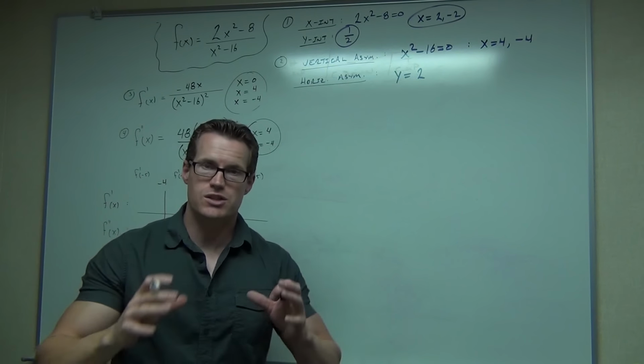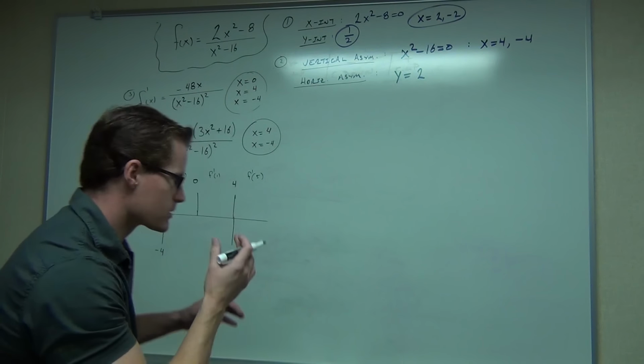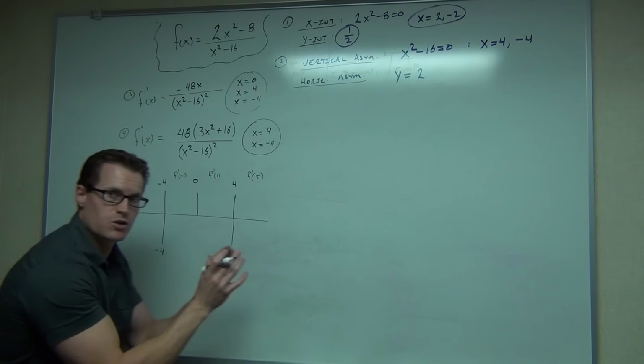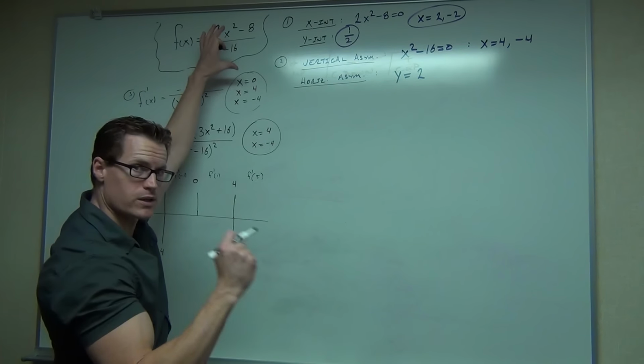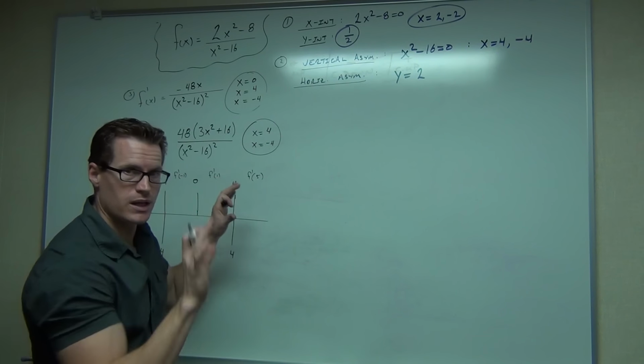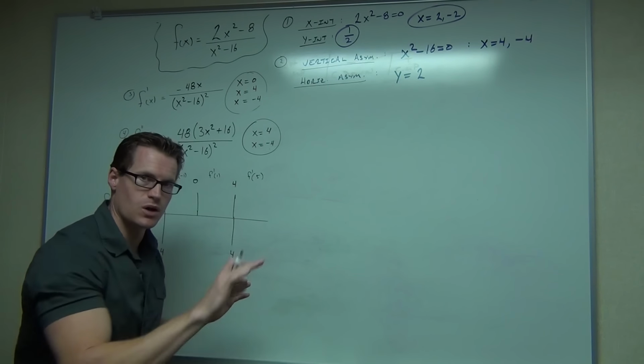On the bottom, we're taking second derivative, so concavity, and we'll test some similar points, but make sure you put them in the second derivative, not the first, not the original. Original function gives you points on a graph. First derivative gives you increasing or decreasing, second derivative gives you concavity.